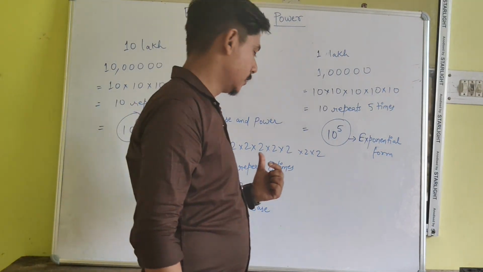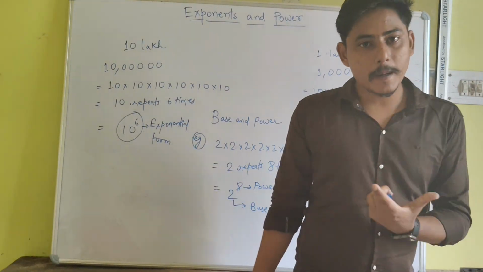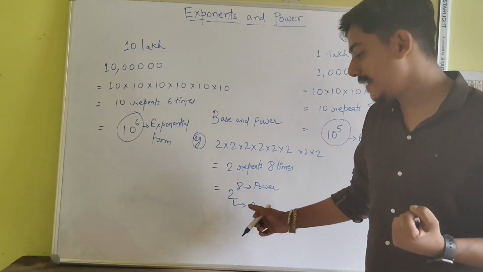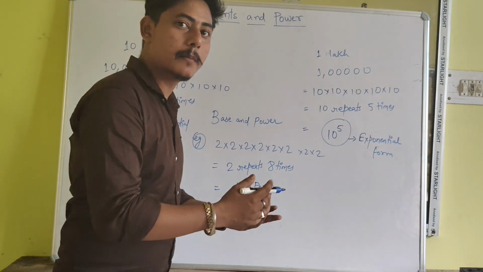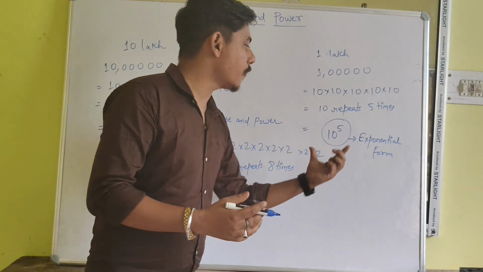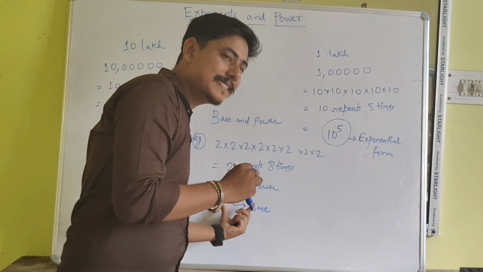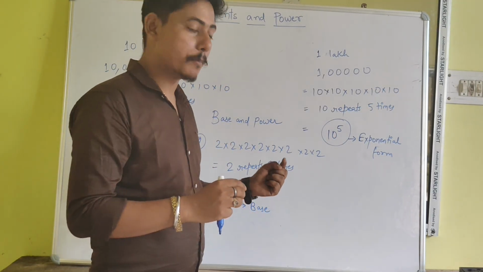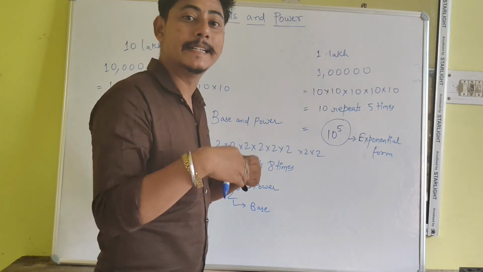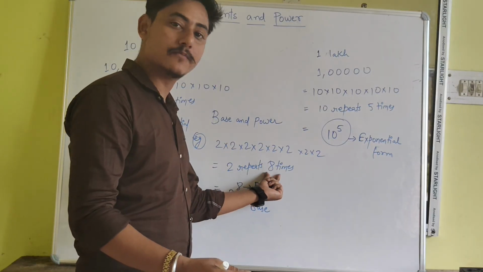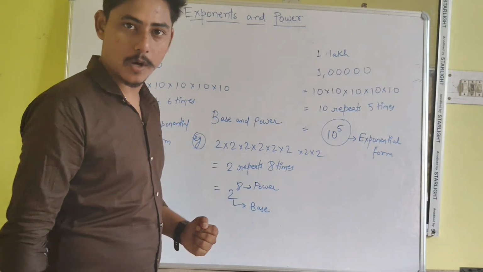So Rahul, do you understand what is meant by base and power? Base is nothing but the repeated number of the exponential form, and power is how many times the repeated number is being multiplied by itself.